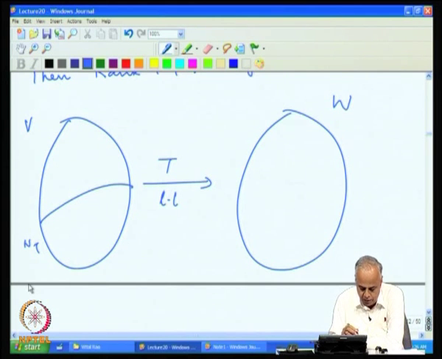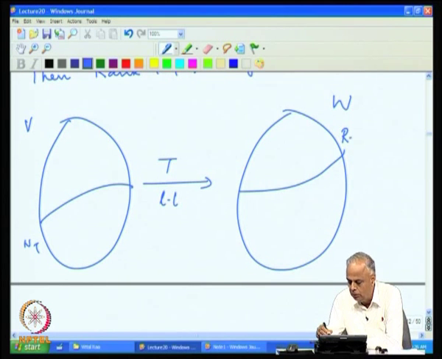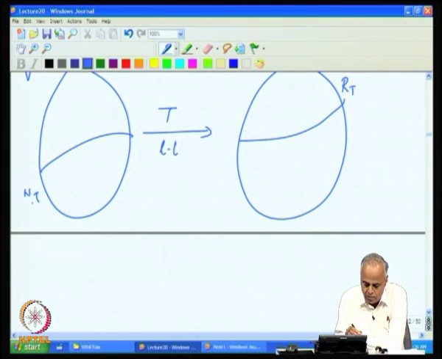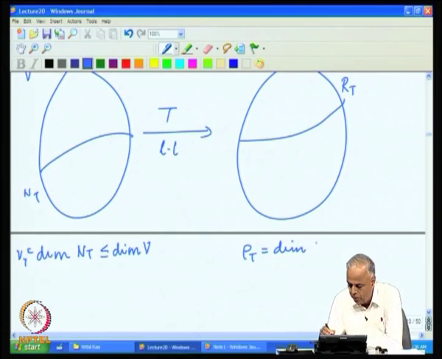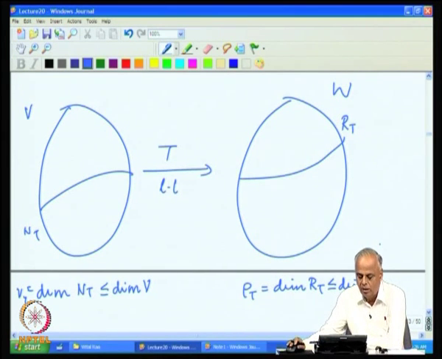The null space of T is carved out of the space V, and the range of T is carved out of the vector space W. Because the null space of T is a part of V, we had the dimension of the null space, which is nu T, and since it is a part of V, it must be less than or equal to the dimension of V. And rho T, which is the dimension of the range of T, must be less than or equal to the dimension of W, because it is a part of W.